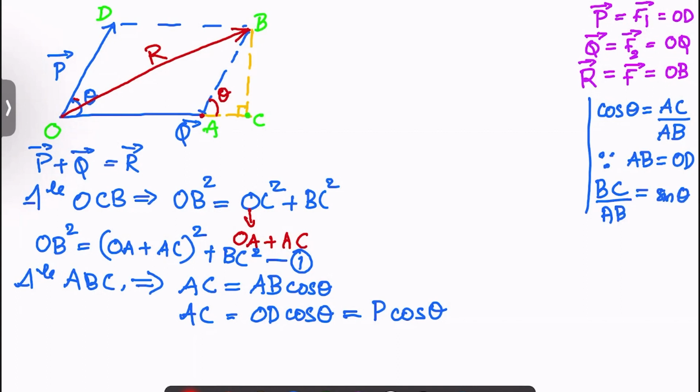So, BC equals AB sine theta, right? So AB is what? AB is again OD. So we can write it as P sine theta. Okay, because AB is OD, that we know. So you can write AB sine theta as OD sine theta, and that is equal to P sine theta.